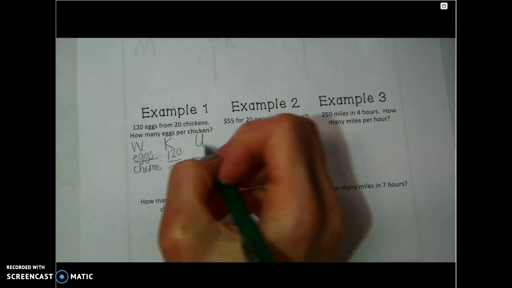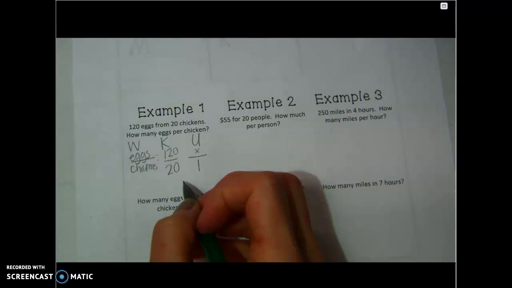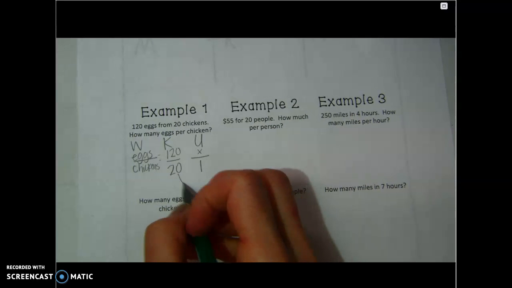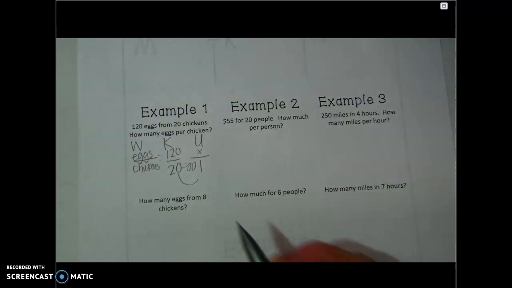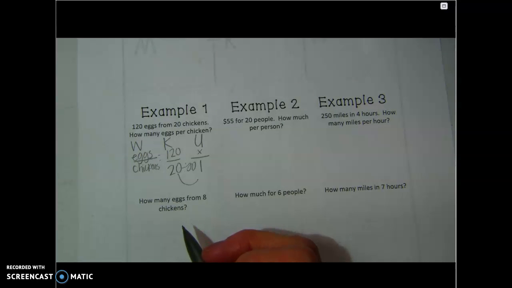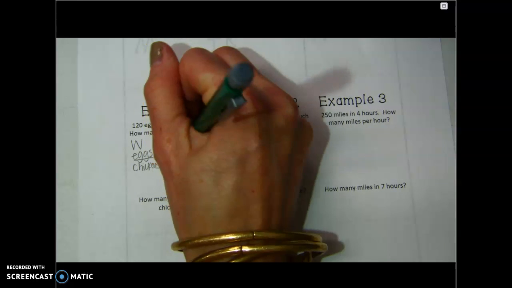All right, so now we're going to solve for our unknown right here. So you're just going to look at this. How are you getting from 20 to 1? What are you dividing by? 20 divided by 20, you're dividing by itself, right? 20 divided by 20 is 1. So you're going to do the same thing to the top. 120 divided by 20.